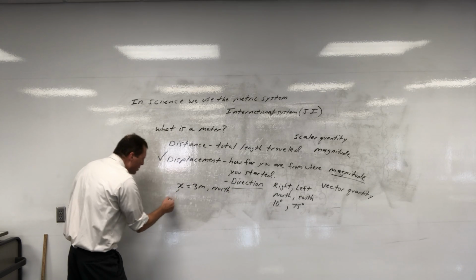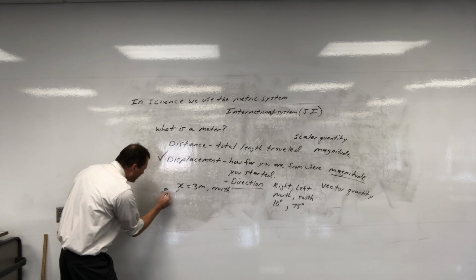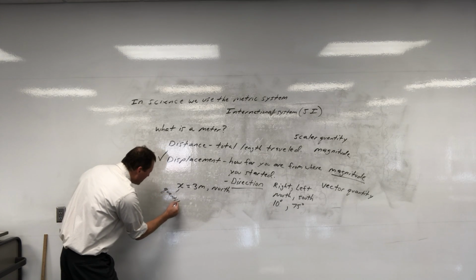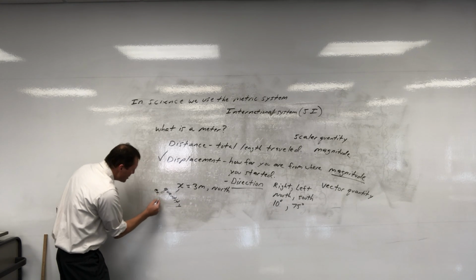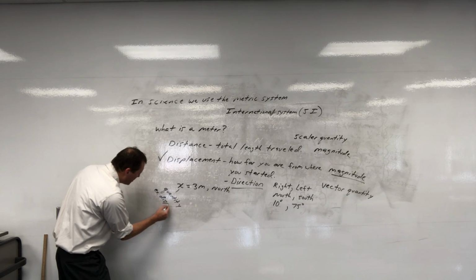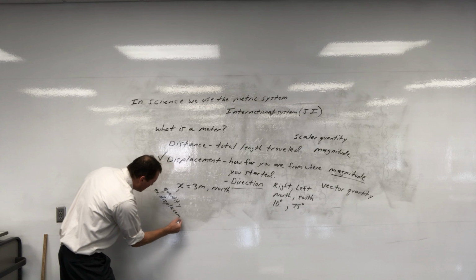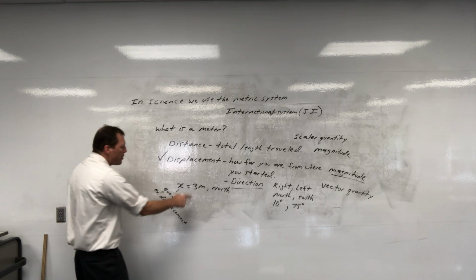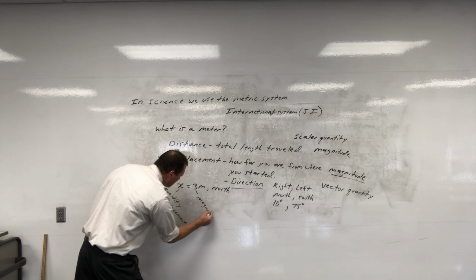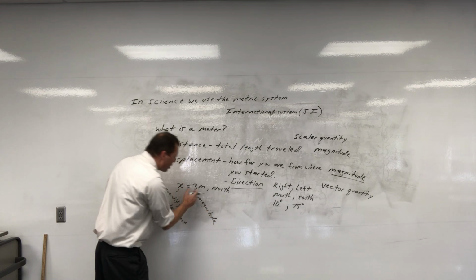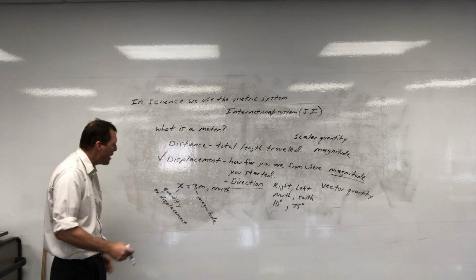X is the quantity. In this case, the specific quantity is displacement. Three represents the magnitude. Some people might say 3 meters is also part of the magnitude.